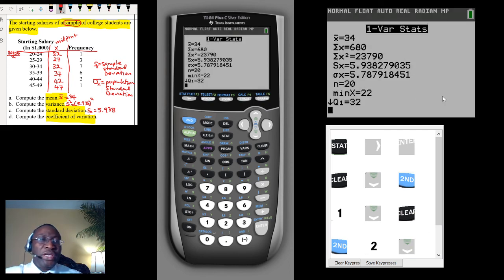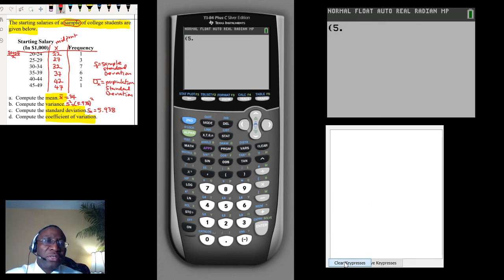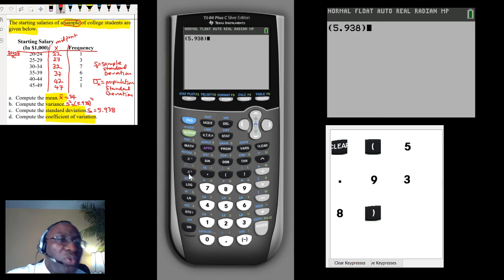Now if we go to our calculator to calculate that, let me start again. We could put it in parentheses. So we have 5.938, and then we are squaring that quantity.